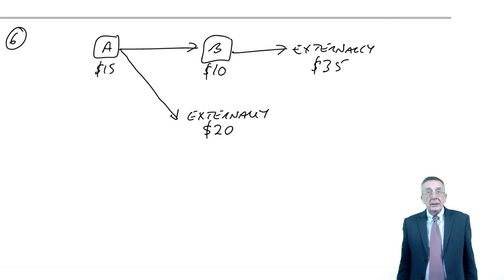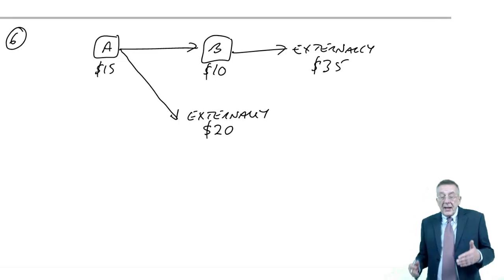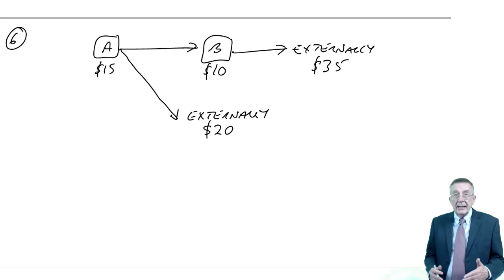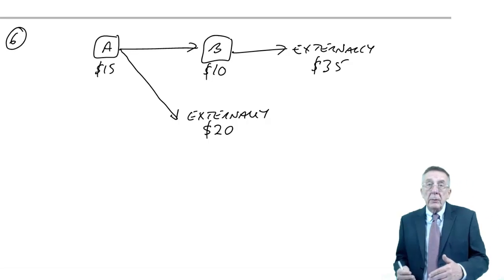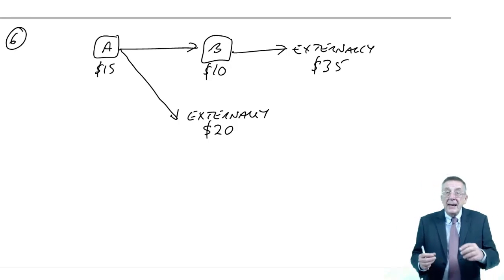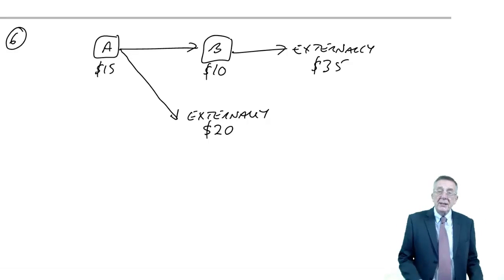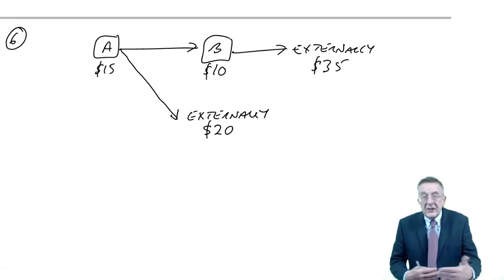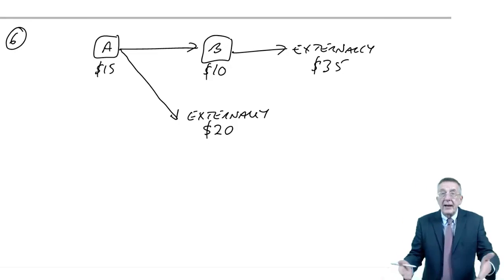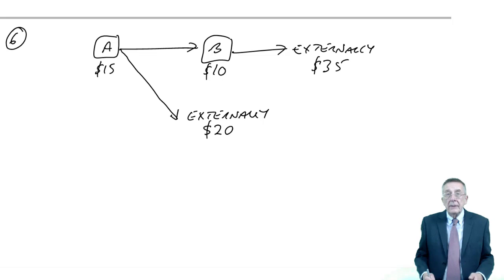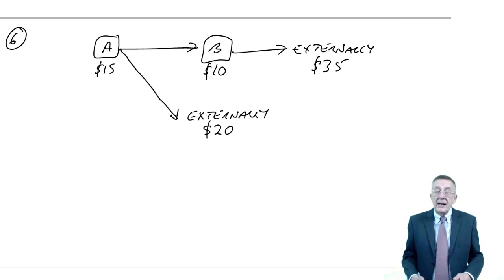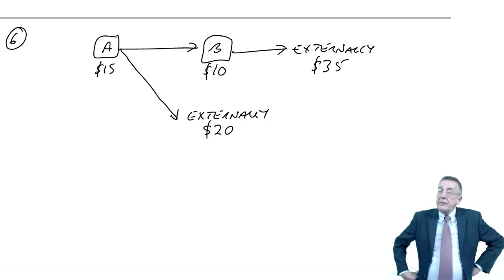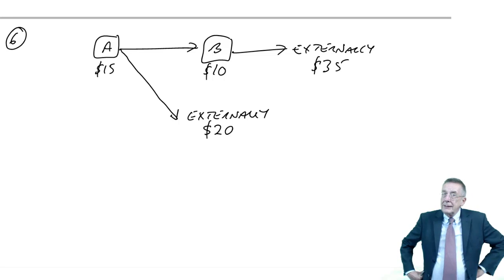B wants some, but remember, we could sell all our production externally, and so for every unit we supply to B, it means one less unit can be supplied externally. And if we sell one less unit externally, we're losing $5 profit. Fine, we'll bear to sell to B, but B's got to give us at least $5 profit as well.